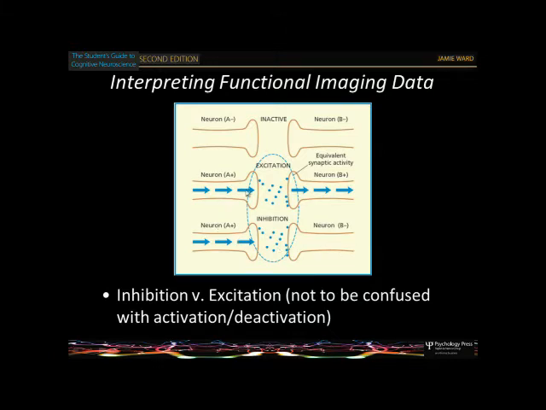But both involve a loss of energy at the synapse; it consumes oxygen, and that generates the BOLD signal. So we can't tell from the BOLD signal from fMRI whether a region is being switched on or off. We can just tell that it's consuming oxygen and is involved in some way, but it doesn't tell us which of these is true.